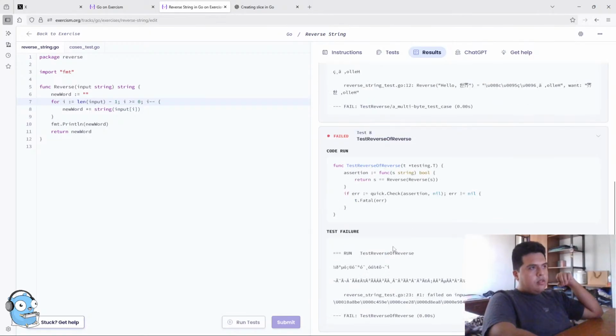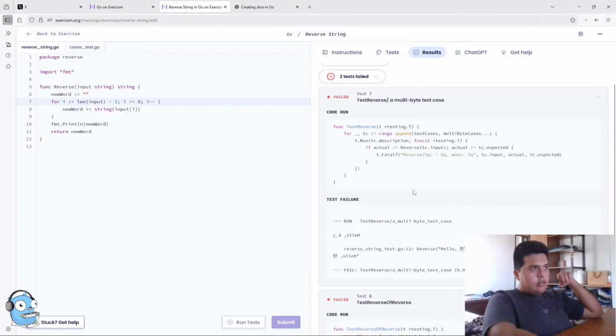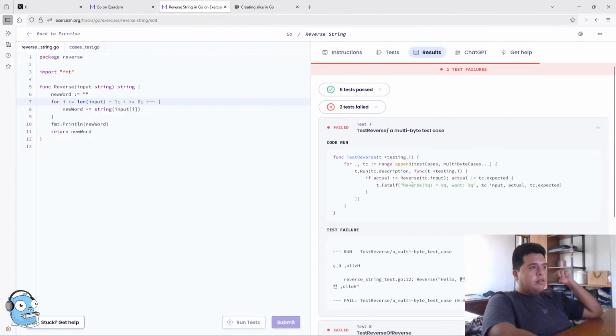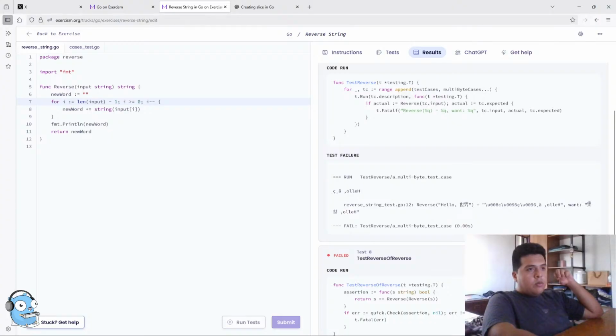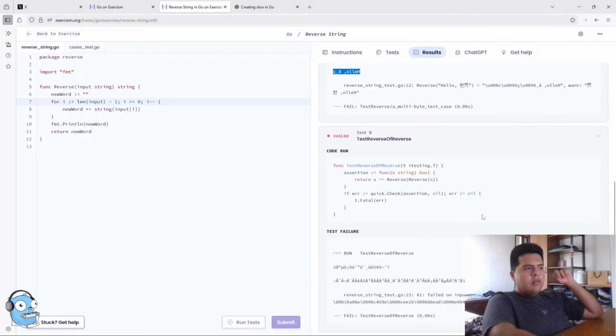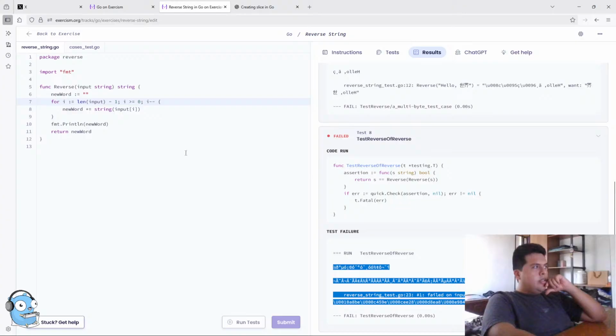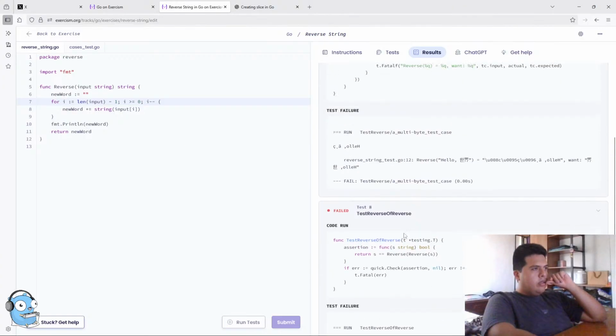Reverse of reverse. Okay, that passes 6 of them. Hello. I mean, I see that these two, okay.